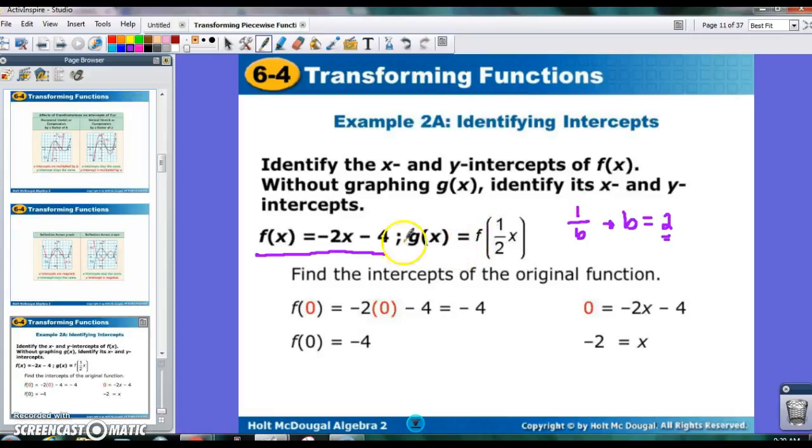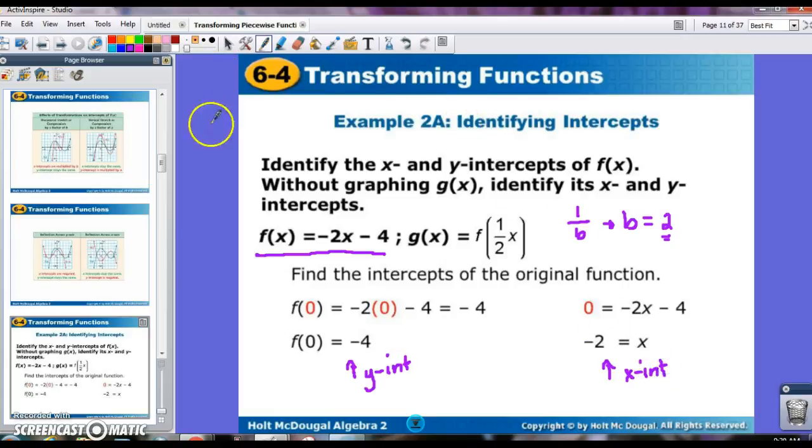The first thing we did was find the x and y intercepts of the function f of x. To find the y-intercept, you set x equal to 0. To find the x-intercept, you set y equal to 0. This is your y-intercept, and this is your x-intercept, where you're crossing the axes.